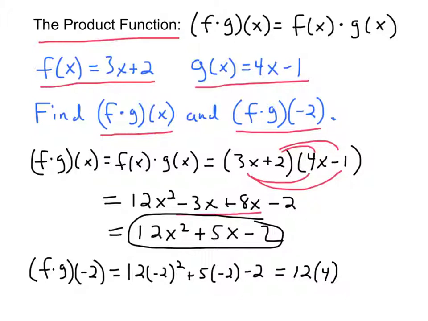And then a positive 5 times a negative 2 would be minus 10, and then minus 2. And 12 times 4 would be 48. So that would equal 48 minus 10 minus 2. So that'd be 38 minus 2. So that would come out to be 36.